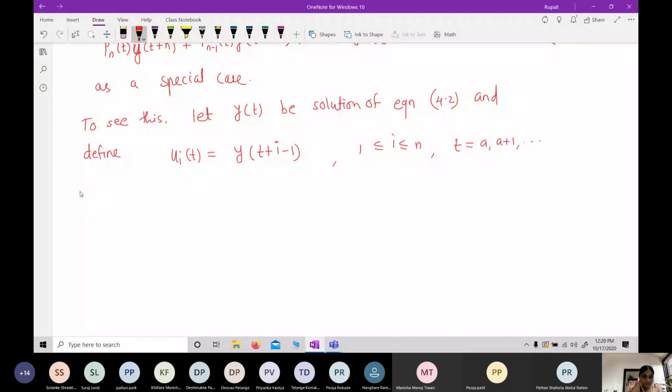Then the vector function u of t with components. What are the components?